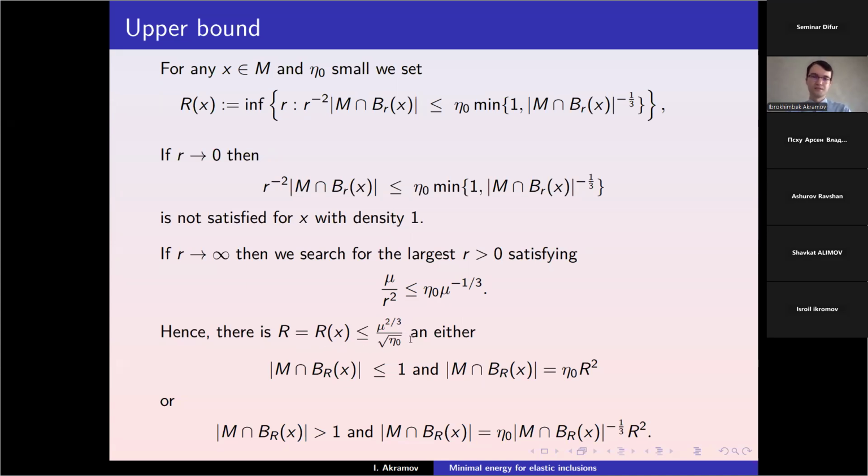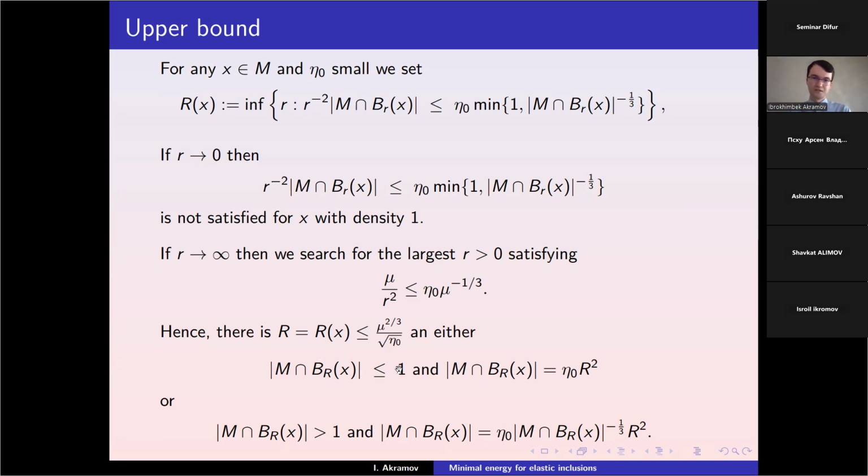Hence, there is an R smaller than this bound, and either the first one is satisfied or the second one is satisfied. For the first one, if it is smaller than 1, then this minimum is equal to 1. Therefore, we obtain this.